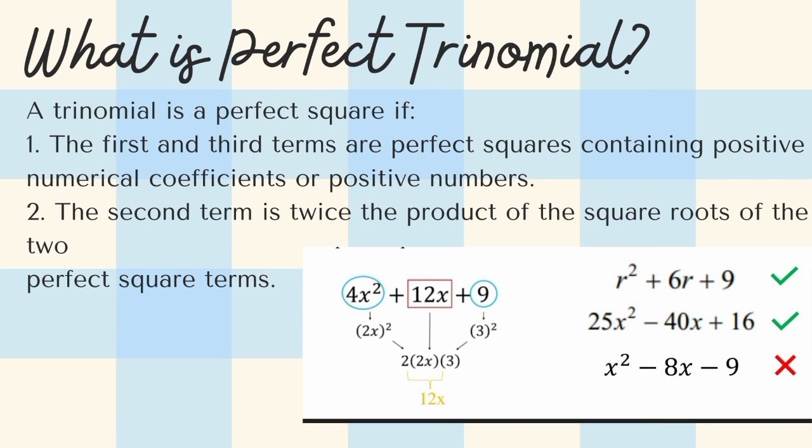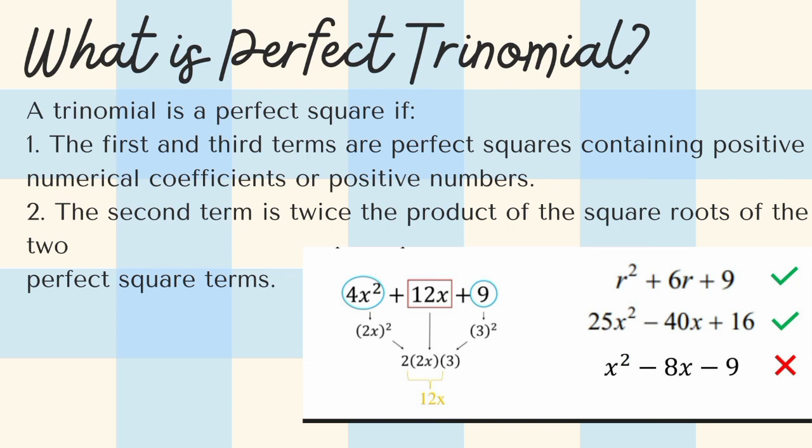As you can see in our example, both the first and third terms are perfect squares. For 4x squared, its square root is 2x, and for 9, its square root is 3. Also, the numerical coefficients should be positive for us to identify it as a perfect trinomial.